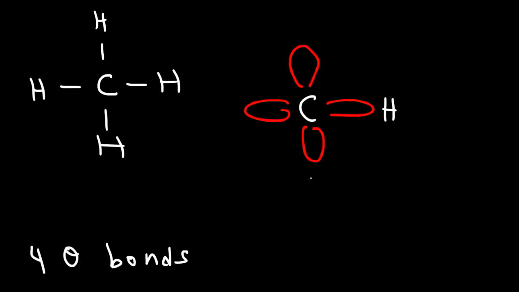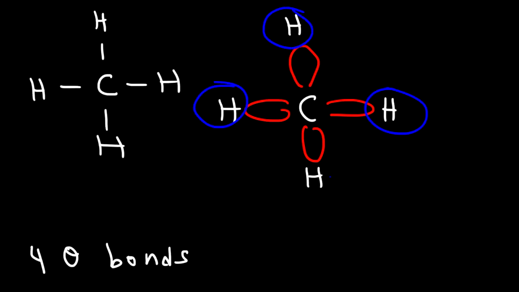And hydrogen can only form an s orbital because it has 1 electron in its 1s sublevel. So let's say if you have a test question and it asks you, what is the hybridization of the central carbon atom? The hybridization of carbon is sp3.